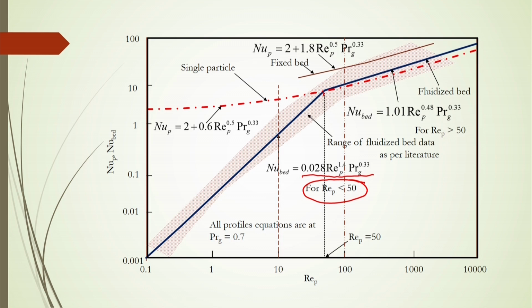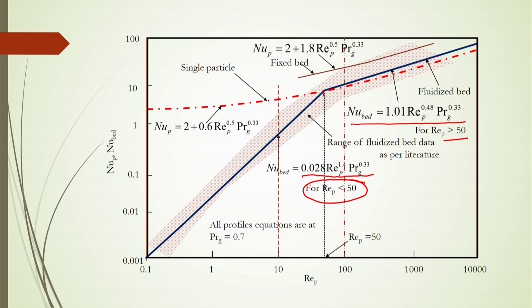Whereas, above this Reynolds number of 50, you will see the slope of this line decreasing, where this profile will be represented by these correlations, applicable only when the Reynolds number is greater than 50.